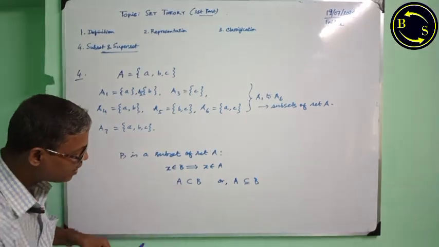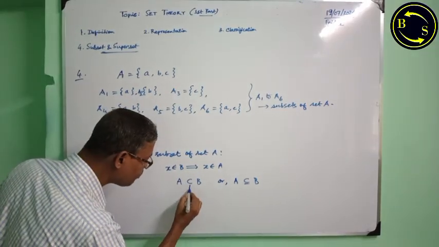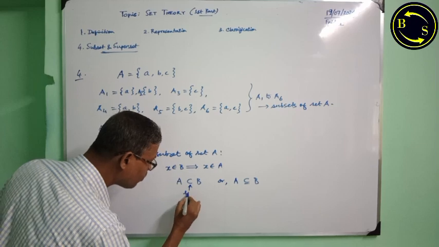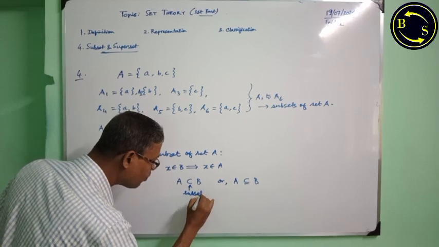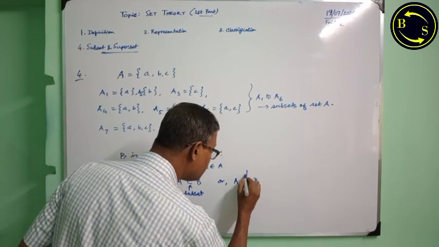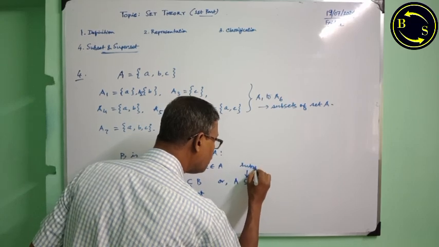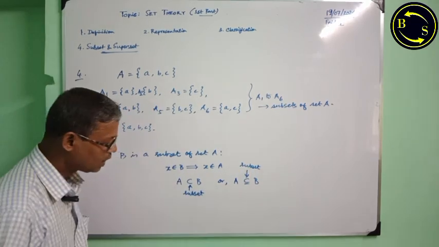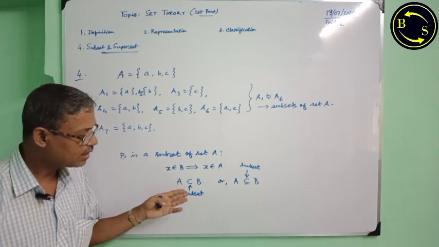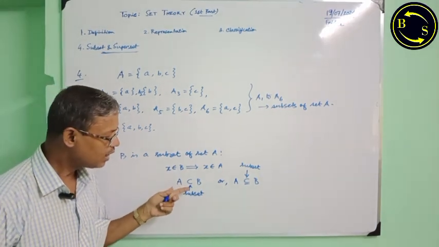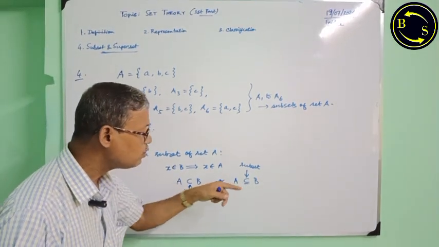This is the symbol for subset, also this one is a symbol of subset. Now you see there are differences between these two symbols.